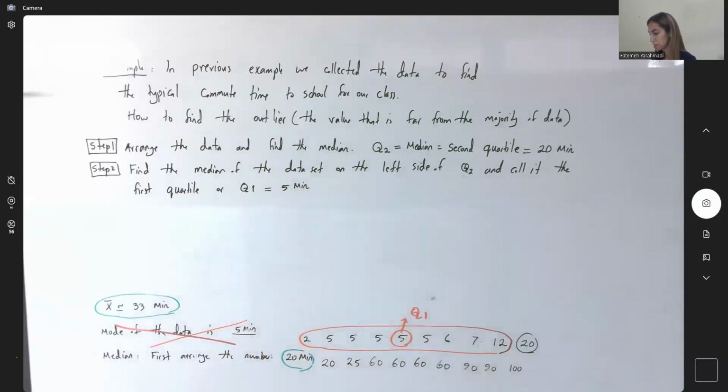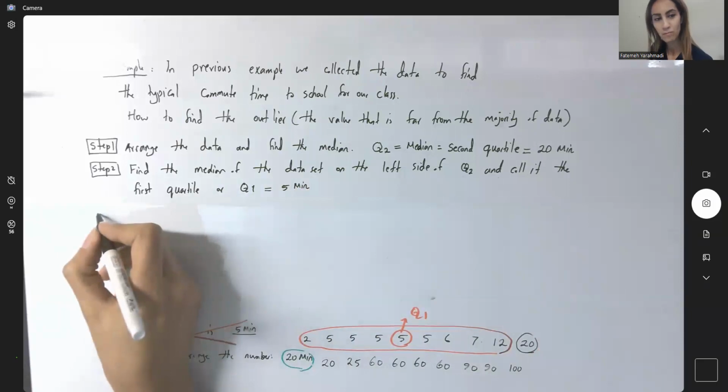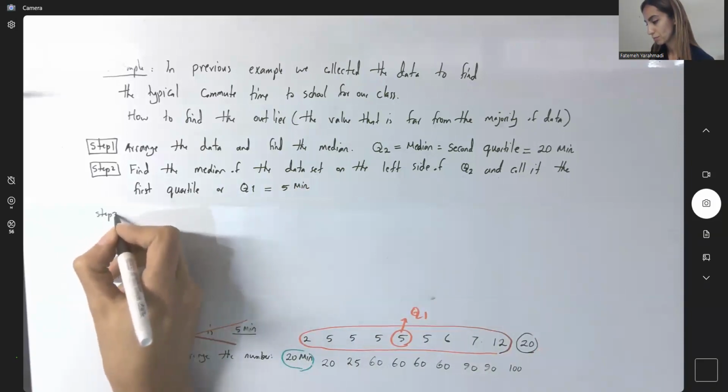Step 3, find the median of the data set on the right-hand side of your median and call it Q3 or the third quartile. So this is my step 3.